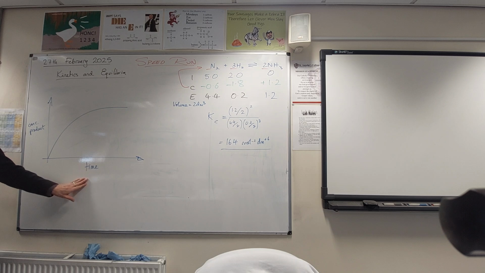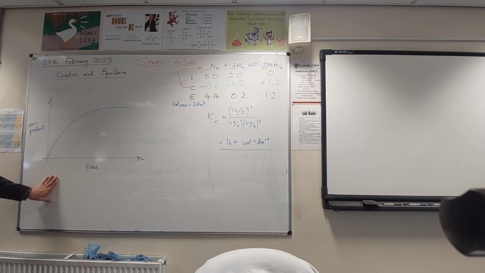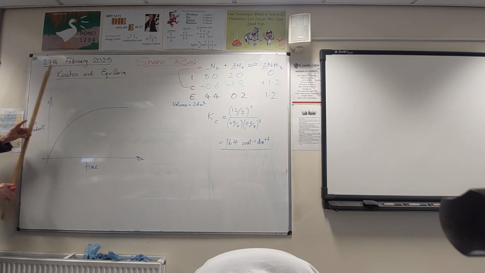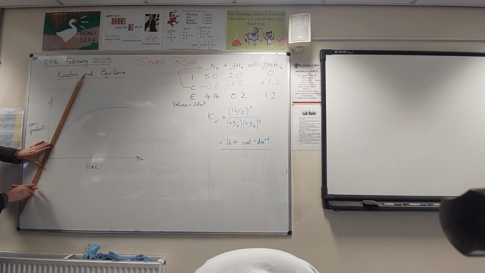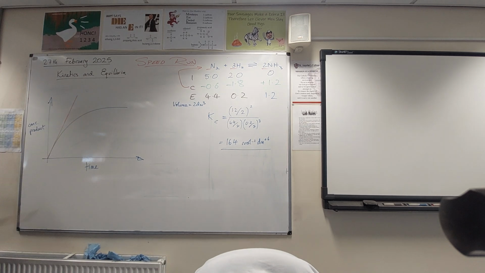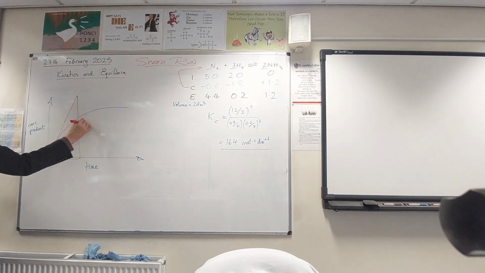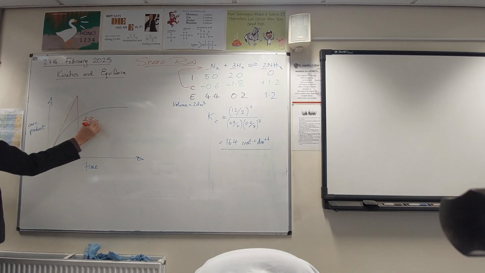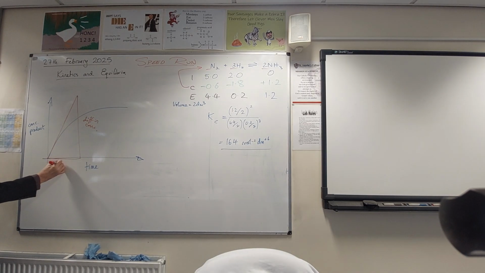How do I measure the initial rate, or the rate at any point really? The presence of the big ruler should help. So if it's initial rate, we draw a tangent from the start, from 0. So I put the ruler on 0, and I draw my tangent there, and then I work out rise over run.